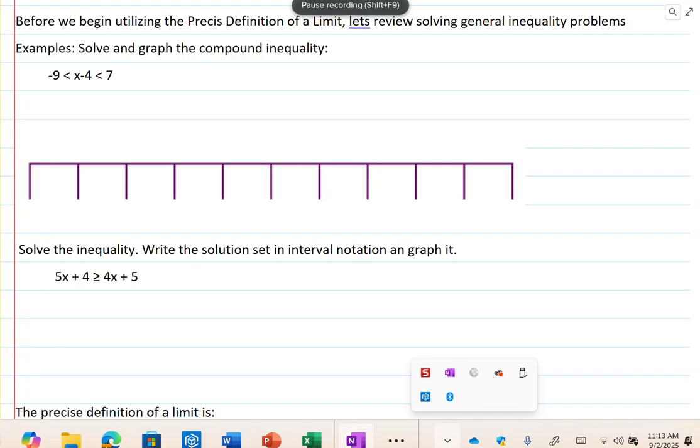So we have a compound inequality here. Does it have a closed or an open condition for the interval? Open. It's not closed. It has less than. So therefore, we have either parentheses or the open dot.